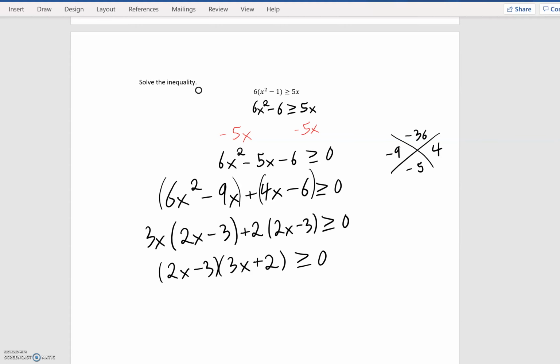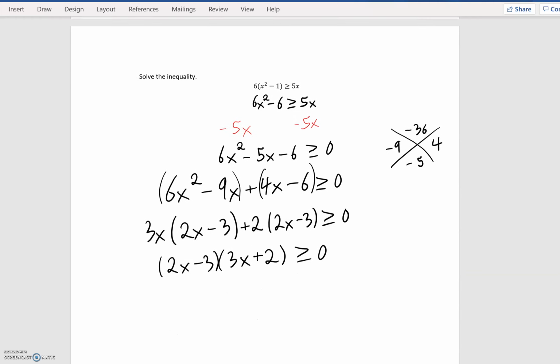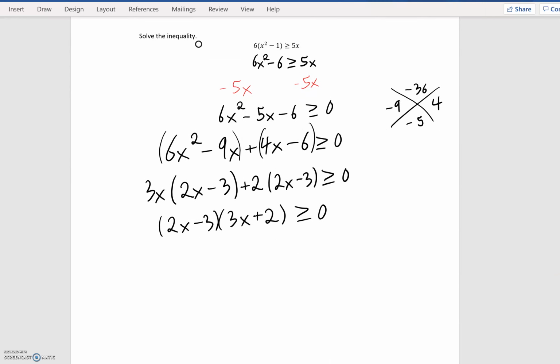Okay, now what? Let me scroll back up to the directions. Move everything over to one side. We did that. Factor the quadratic function. We did that. Solve for the zeros or the roots of the quadratic. Okay, so I have this thing factored. When does the left-hand side equal 0?